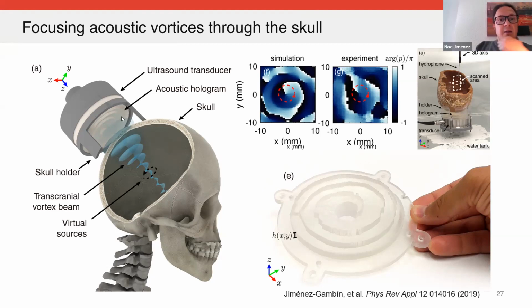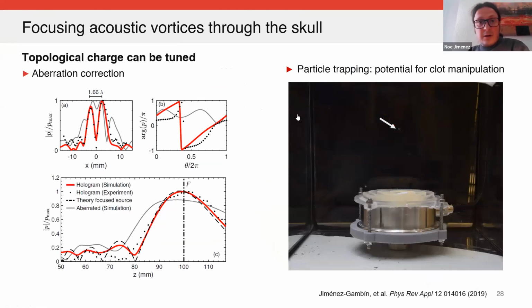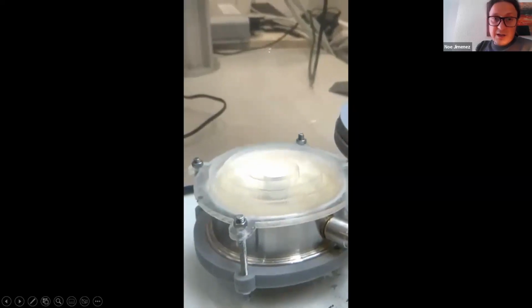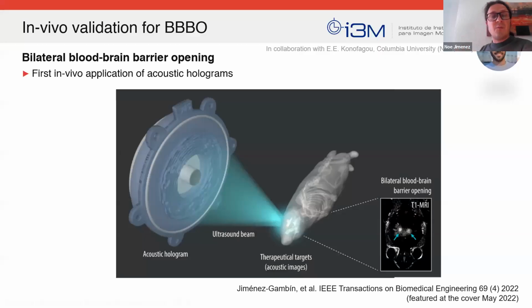We developed this phase plate that has the ability to encode a vortex inside of the brain, and in addition compensate the aberrations of the skull. As a result, you can really focus a very sharp acoustic vortex inside of the skull, and you can even trap particles with these single beam applications. We were thinking of trapping collections of bubbles in order to do local drug delivery.